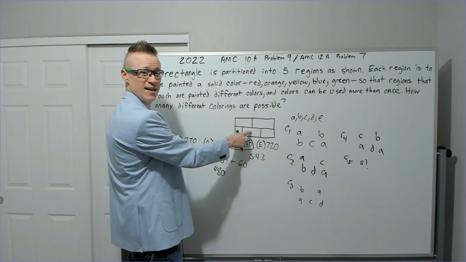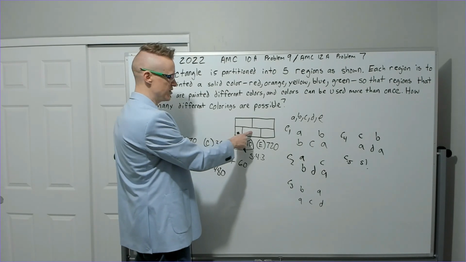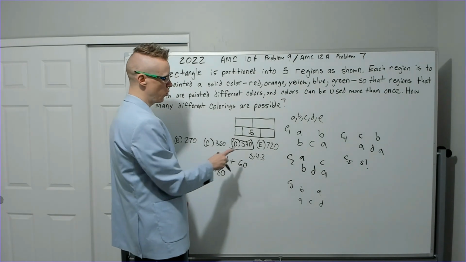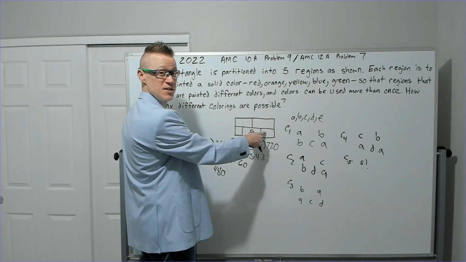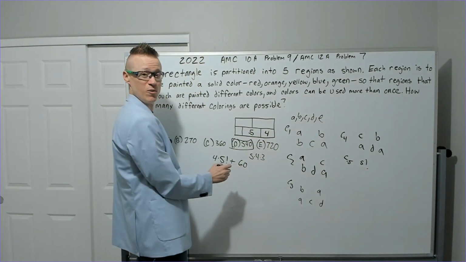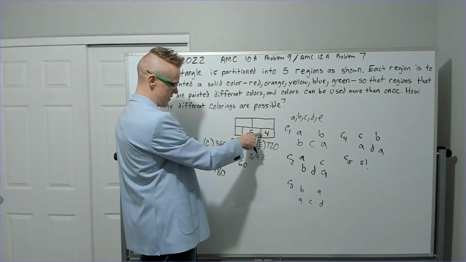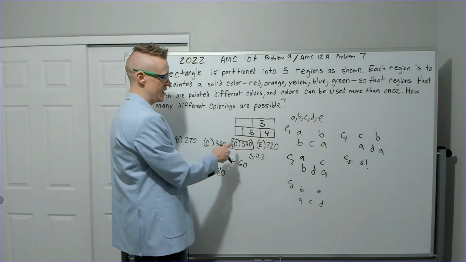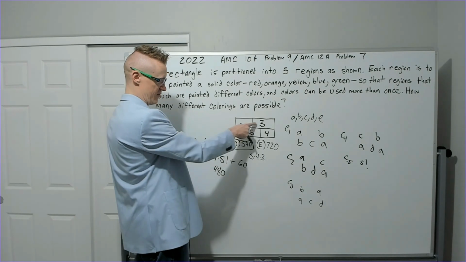This piece is kind of chairman of the board. And so you could say that you have 5 choices for this one. Once that piece is chosen, this piece must be different from that one. So I have 4 choices for that one. This one has to be different from both of those. So it has 3 choices. Now this one only has to be different from these 2.